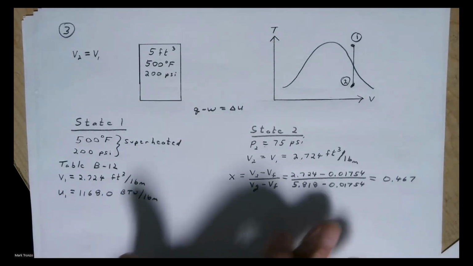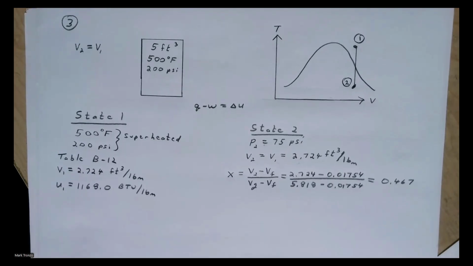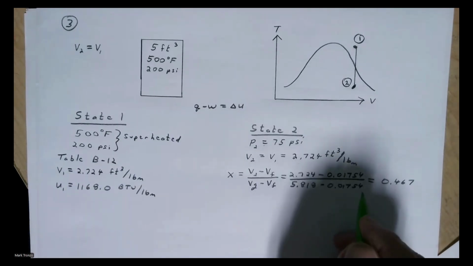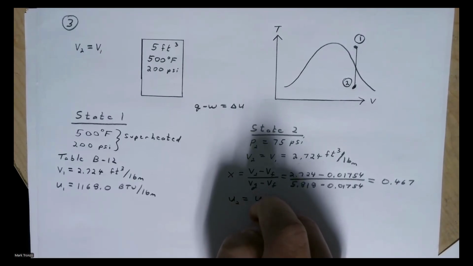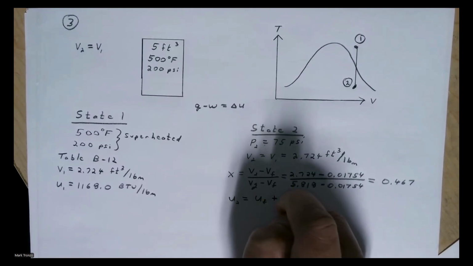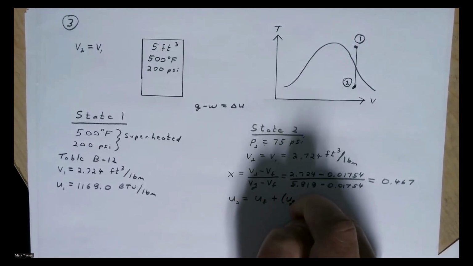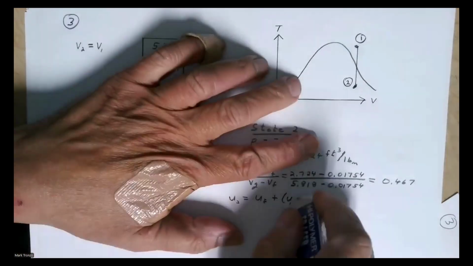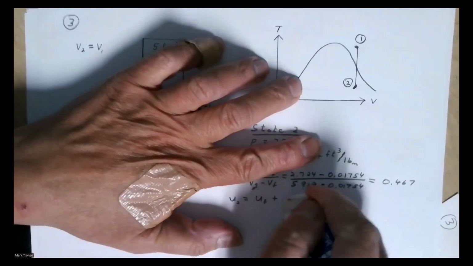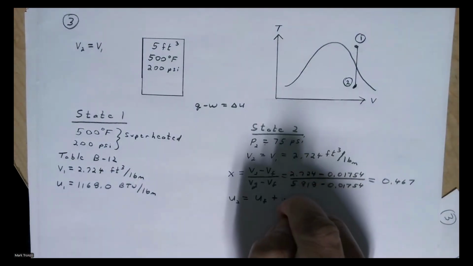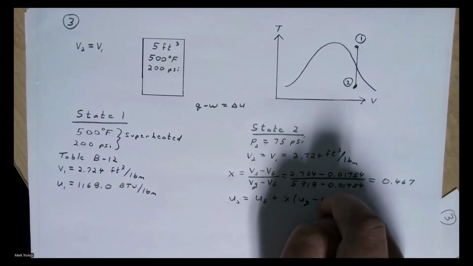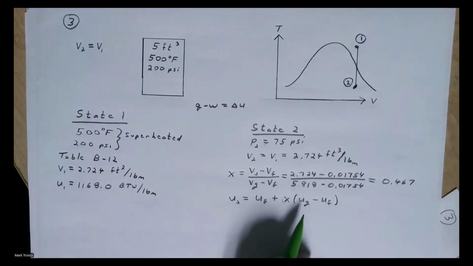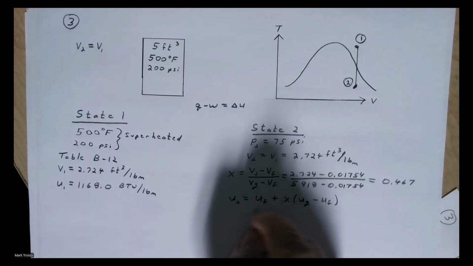Now, once we know that, we can go ahead and find our U2. For U2, it will be our UF plus our X, which is our quality, times our UG minus our UF. Of course, in our table, we'll be given that UFG, so we won't actually have to calculate the difference here.